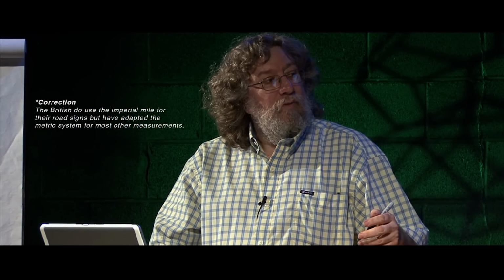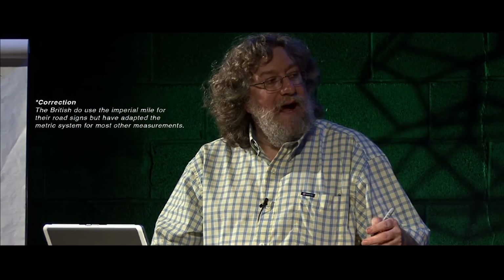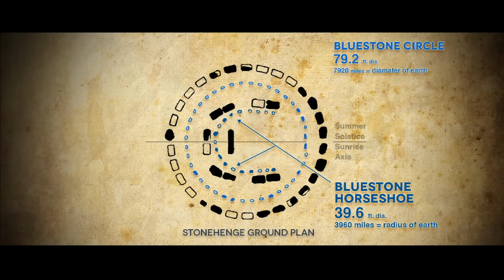builders of Stonehenge. But we go further here, and we'll see that the bluestone circle is 79.2 feet. The bluestone horseshoe, which is laid out tangent to a circle, is 39.6 feet, right here.